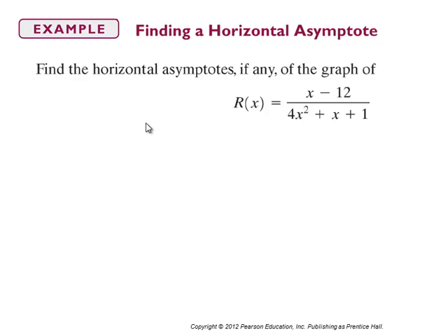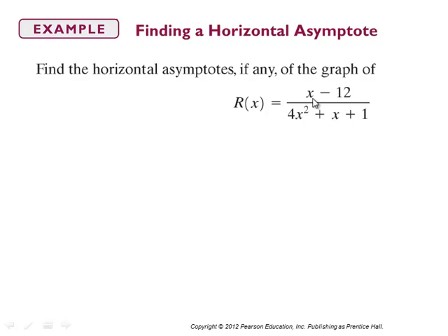Here's an example of what we were just talking about. Here's x minus 12 over 4x squared plus x plus 1. This is a proper function because the denominator is a higher degree polynomial than the numerator.